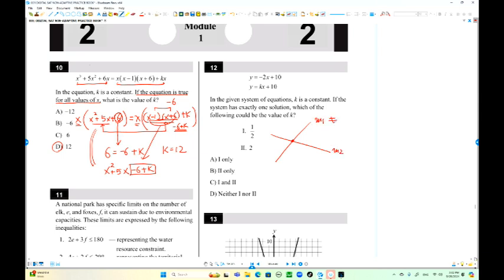If the slopes are different, they have one point of intersection. If they are equal, they are parallel, or line L equals line M, coincident. That gives infinite solutions, so many solutions.